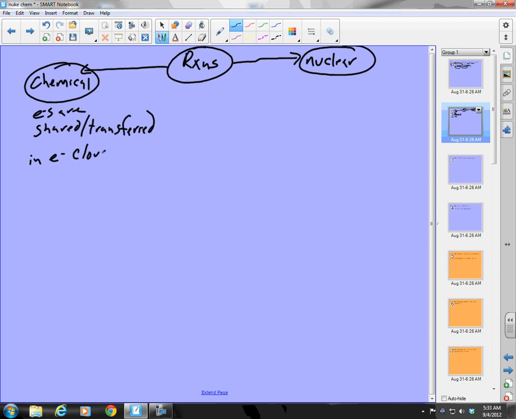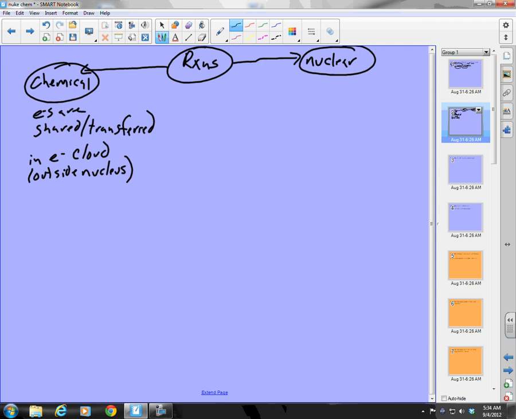Now, what's the electron cloud? Well, the electron cloud is somewhere outside of the nucleus, and that's really the most important thing for us to understand, is that chemical reactions are occurring outside of the nucleus. It's hard to say exactly where this occurs because, as you'll learn later, it's impossible for us to know exactly where an electron is.